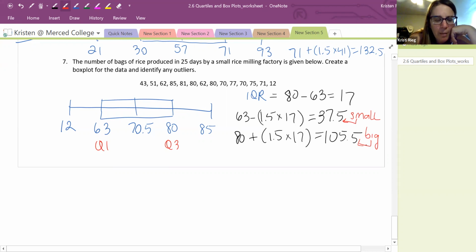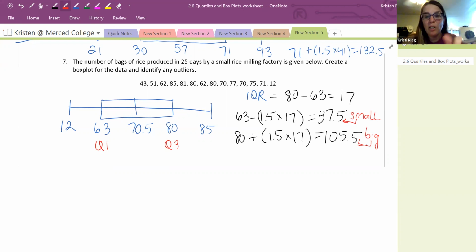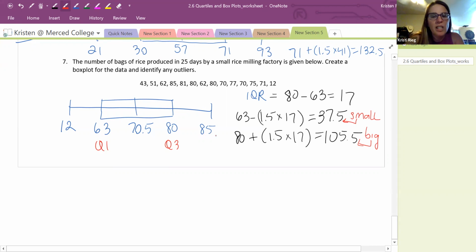Okay, so looking at my list, I don't want to look at my 5-number summary because that only has a few numbers. Now I could look at it enough to say, well, 85 is the max, so there's no 3-digit numbers on this list. There's nothing bigger than 105. So that's out. But 37.5, my minimum's 12. 12 is definitely smaller.